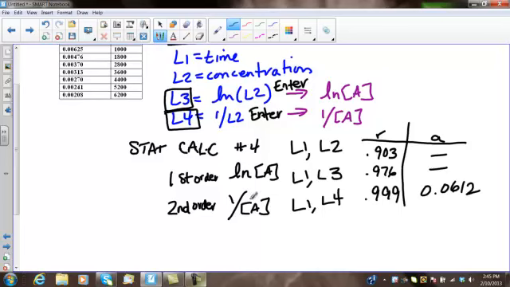And had it been L1, L2 as the straight line, it simply would have been the concentration of A, or zero order. A second order reaction has the form 1 over the concentration of A is equal to kt plus 1 over the initial concentration.